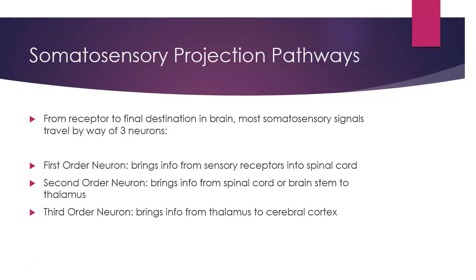They cross at different locations depending on the information that they're carrying. Some cross at the spinal cord level, many cross at the medulla. That's why we have those contralateral symptoms, depending on where the pathway damage is or the damage in the central nervous system. Oftentimes, the symptoms that we see are on the opposite side.